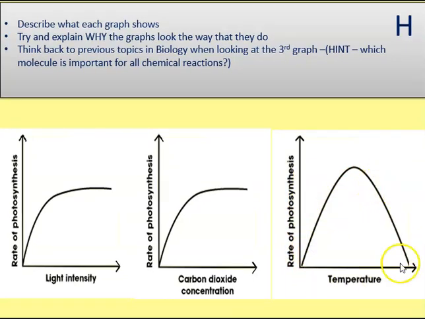At high temperatures, enzymes will be denatured, and at the correct temperature, they will be working as efficiently and effectively as possible. And remember, enzymes are needed for photosynthesis because enzymes help to speed up chemical reactions, and photosynthesis is a chemical reaction. Make sure you recognise those graphs, make sure you've drawn them and labelled them.